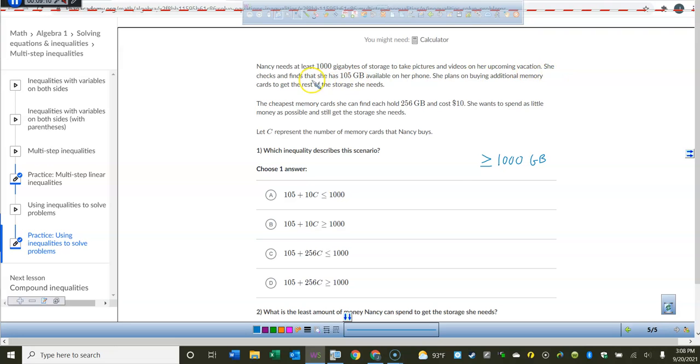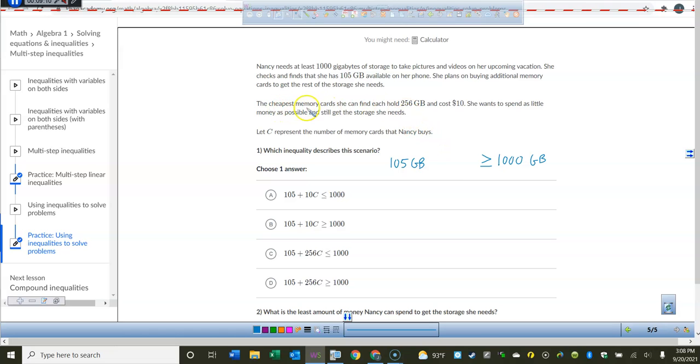She checks and finds she has 105 gigabytes available on her phone. She plans on buying additional memory cards to get the rest of the storage that she needs. So obviously she has an Android and not an Apple, because you can't just add memory cards to an Apple.